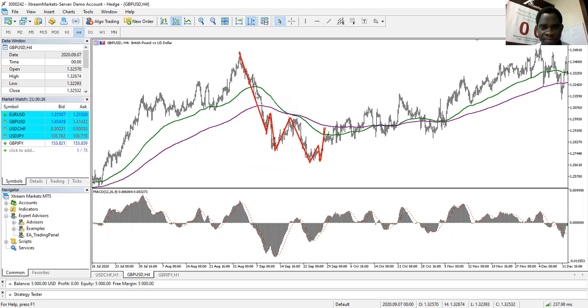So price is below the moving average. Let me remove this so that it will be easier to get. Okay, price is below moving average 89. So we have one high here.